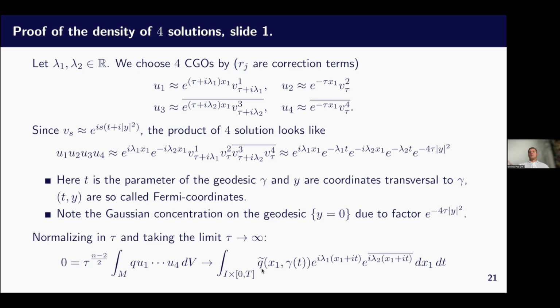I will explain what q tilde is in a second. Of q tilde evaluated at x1 and on the geodesic gamma in the transversal direction. And then we have these functions depending on lambda 1 and lambda 2 as weights.